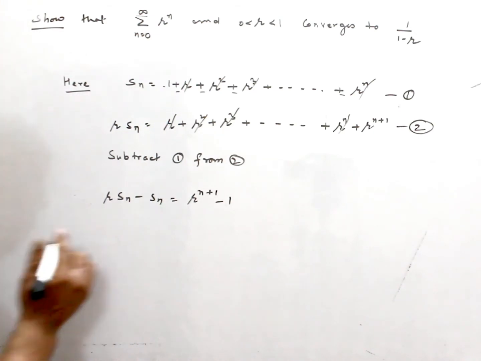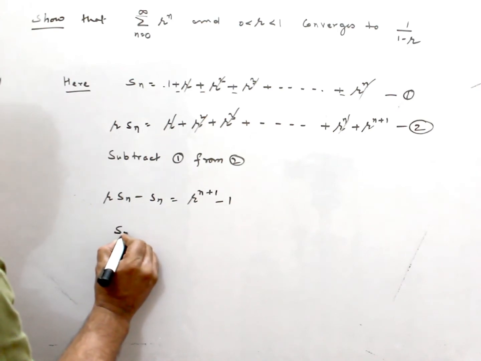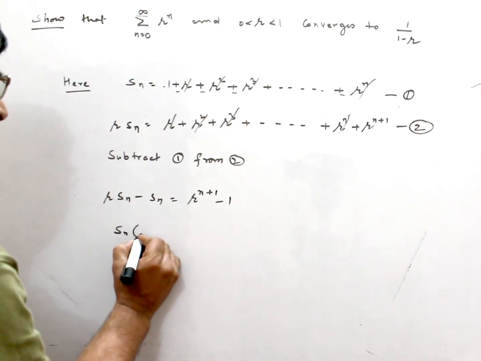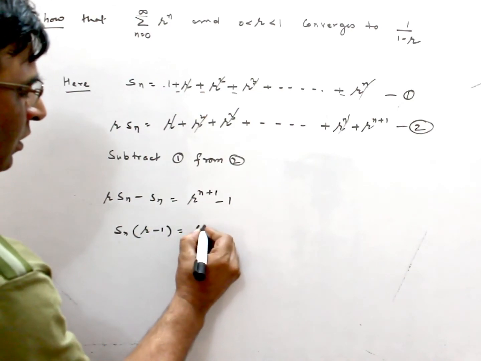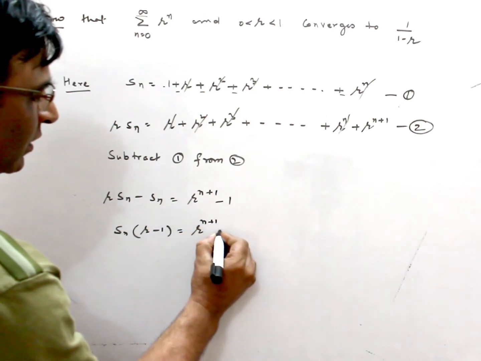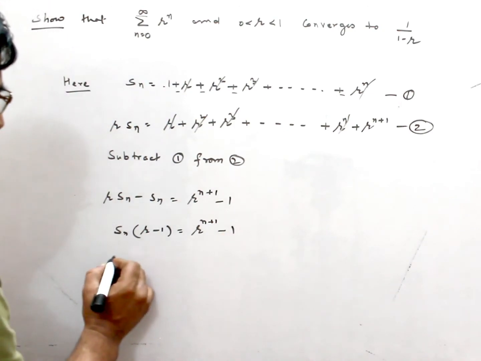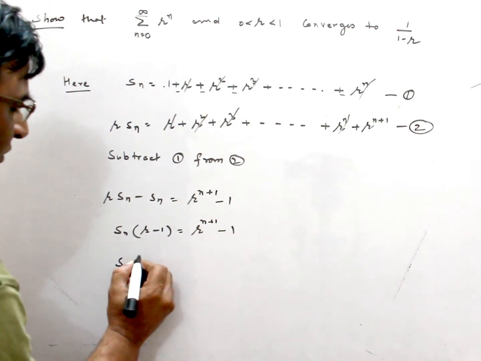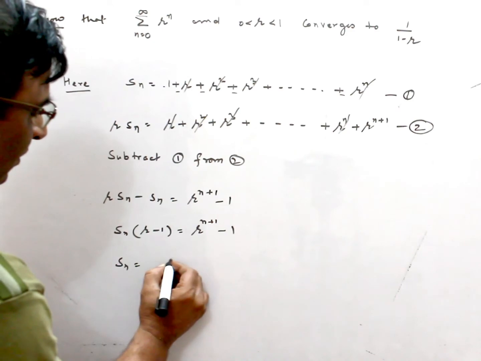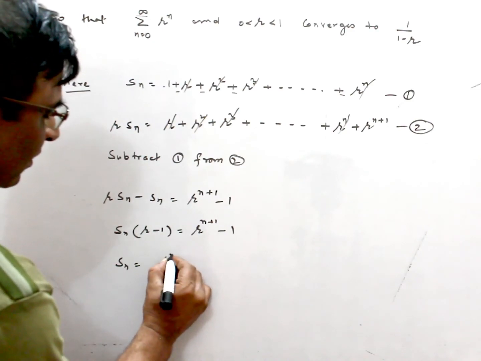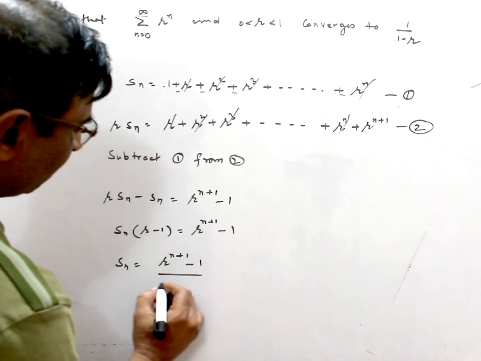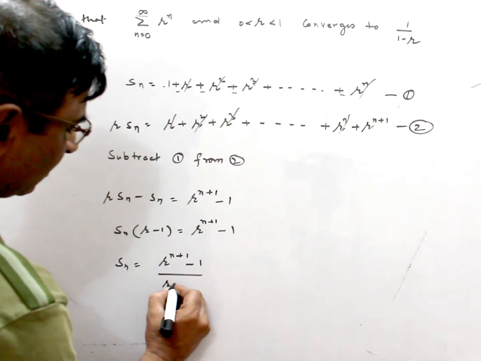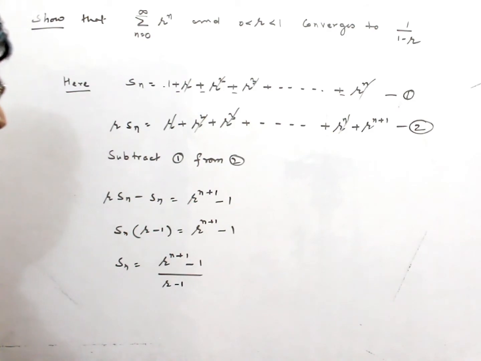Now Sn I take common, so Sn (r minus 1) is equal to r^(n+1) minus 1. Now Sn is equal to r^(n+1) minus 1 divided by r minus 1.